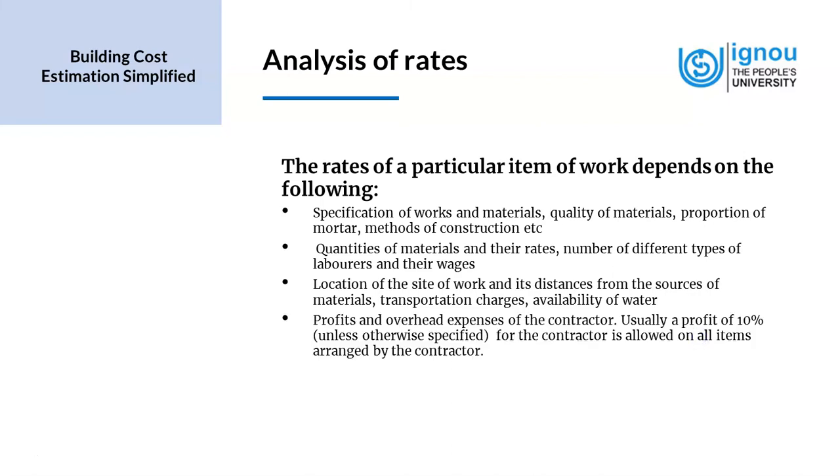The profits and overhead expenses of the contractor, that is to be added to find the total cost. Usually a profit of 10%, unless otherwise specified, for the contractor is allowed on all items arranged by the contractor. Now 10% is a usual practice or a general percentage that we take, and it could be anything from 10% to 18%.